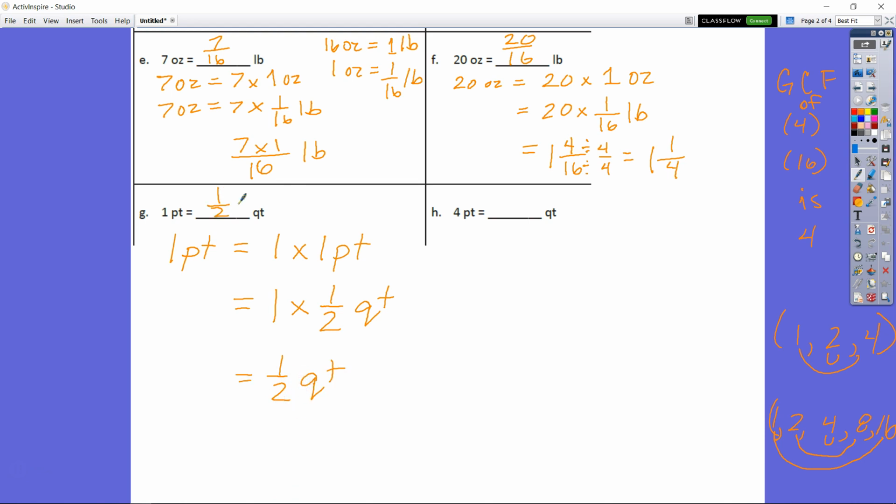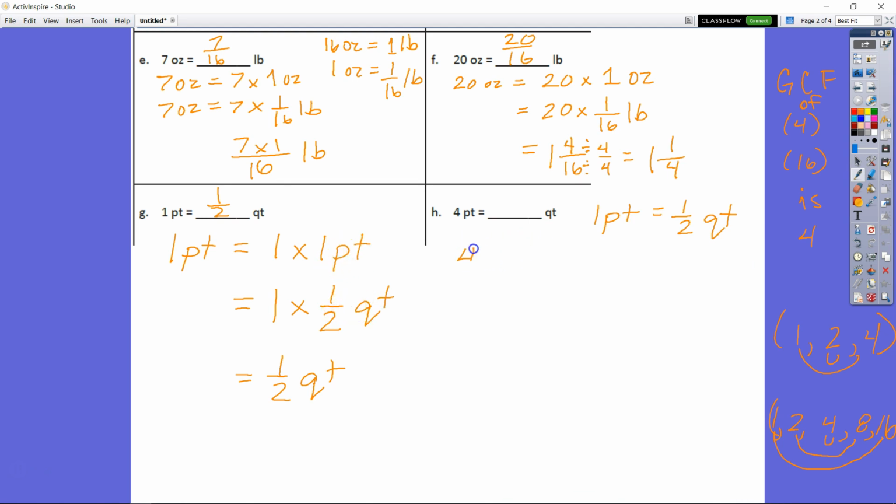All right. Well, now we have our answer here for G. We're going to use that to help us solve H. We have 1 pint equals half of a quart. So wherever we see 1 pint, we can now substitute just like we did here.